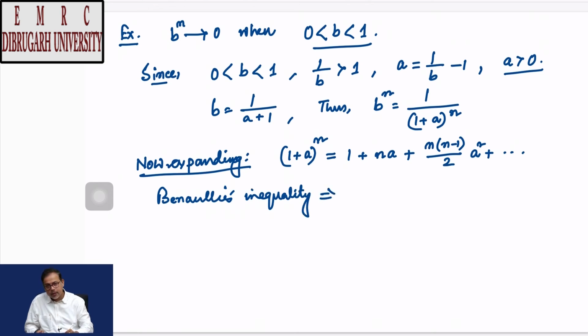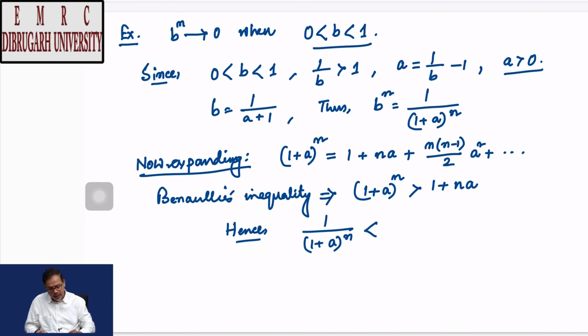that says that (1 plus a) to the power n is greater than 1 plus na, and hence 1 by (1 plus a) to the power n is less than 1 by (1 plus na).